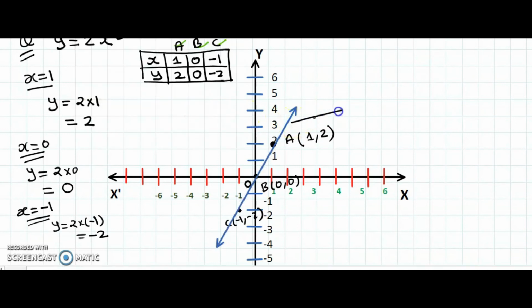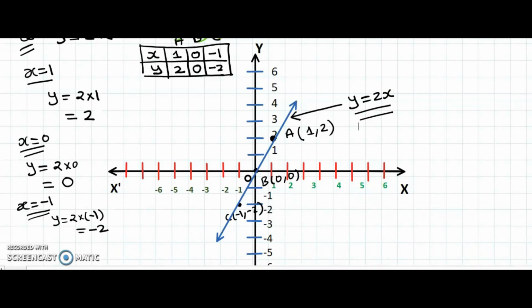Finally, you have to just mark an arrow here and write our equation y is equal to 2x. Hence we have drawn a graph of a linear equation in 2 variables, and we have joined the line and got the graph. So this is the way you can construct the graph, taking more equations.